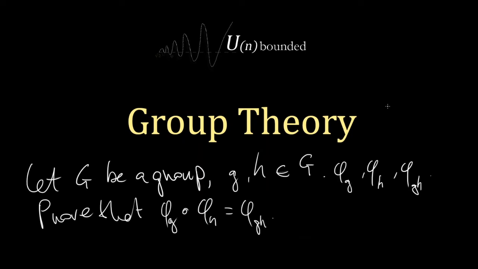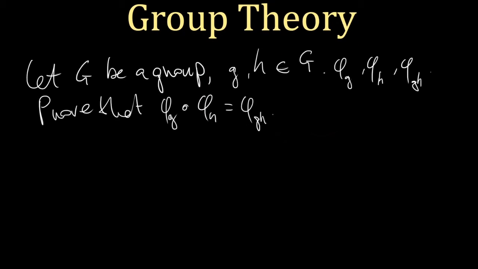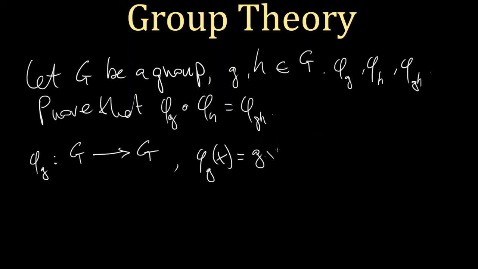If you didn't see the previous video, our function φ(g) was a mapping going from the group to itself, from the domain G to the codomain G, and it was defined as φ(g)(x) = gxg⁻¹ for all x in the group.